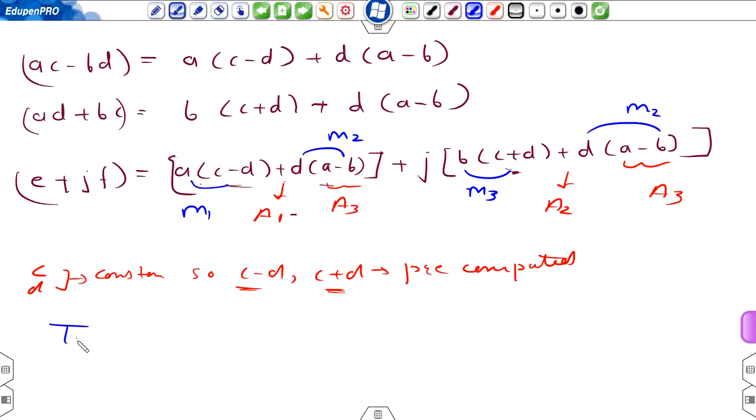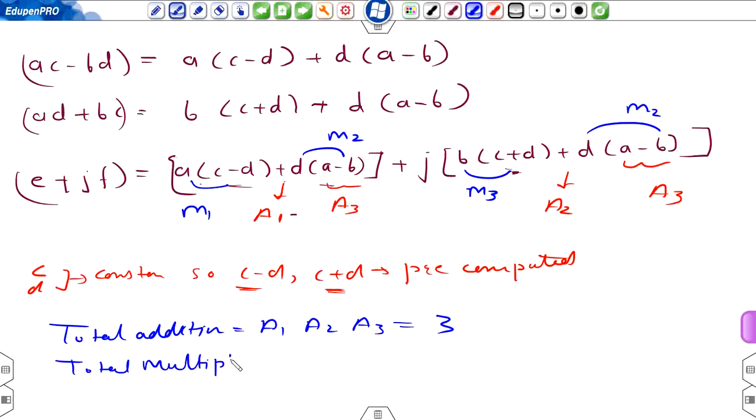So total addition is A1, A2 and A3, that is 3 addition, and total multiplication is M1, M2 and M3, that is also 3.